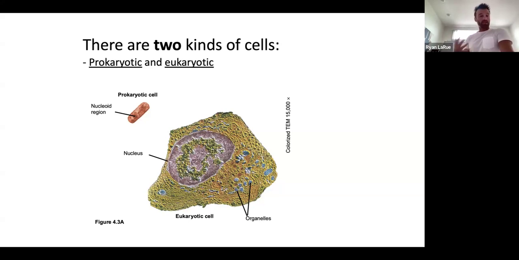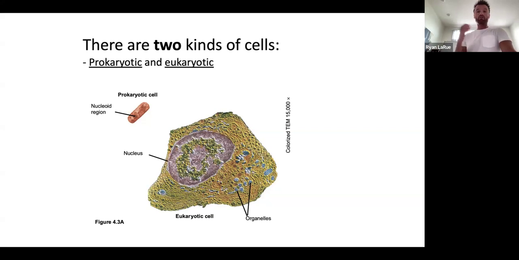Not today, but essentially the nucleus, we'll talk a little bit about it today, but the nucleus houses the genetic material, DNA. DNA molecules are going to be stored in the nucleus. And we'll see that in prokaryotic cells, DNA is actually just kind of floating around in the fluid of the cell that we call the cytoplasm.